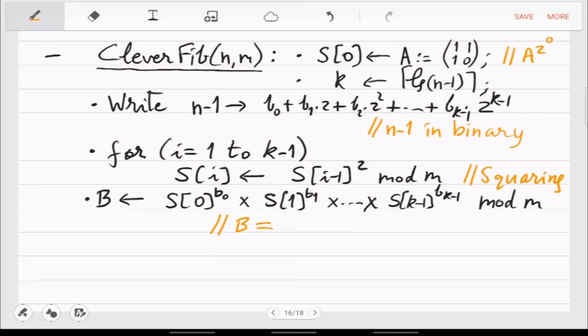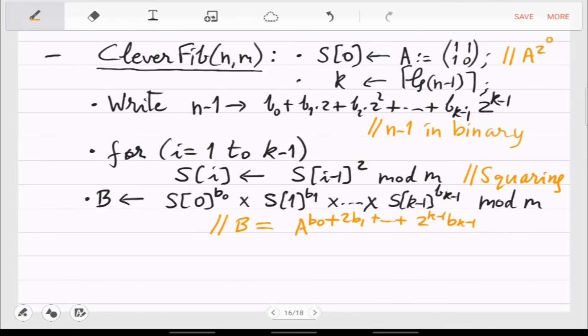By the correctness of the for loop, you get that S0 to the b0 is a to the b0, and S1 to the b1 is a to the 2 b1, up to a to the 2 to the k minus 1 times b k minus 1.